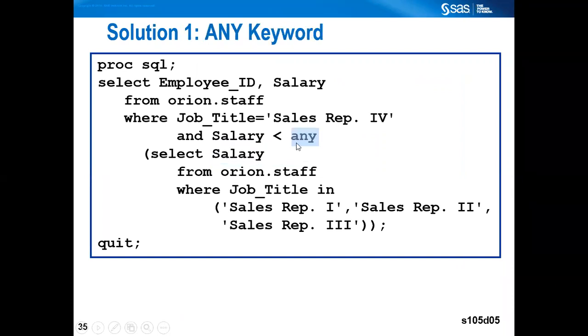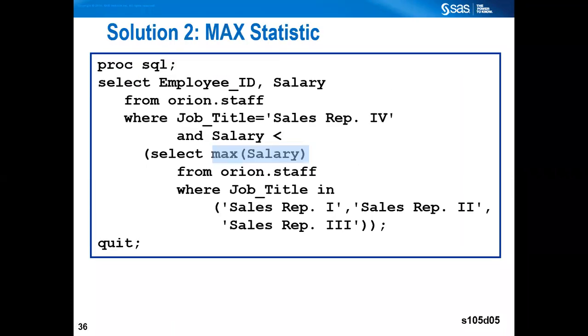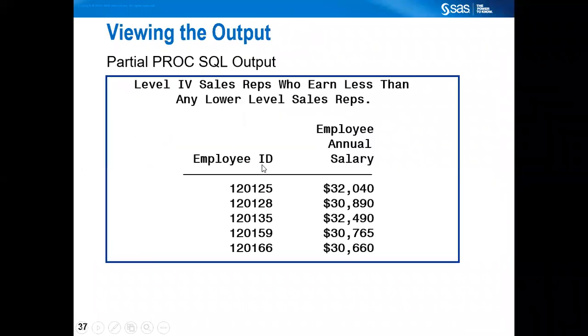Either you write ANY, or you can also use the MAX keyword, the maximum salary. Either use ANY or write MAX. Greater than MAX. Understood, everyone? So you get these employee IDs: level 4 sales representatives who earn less than any lower level sales representative.